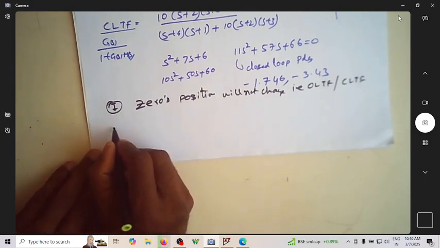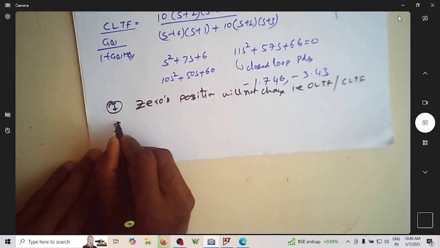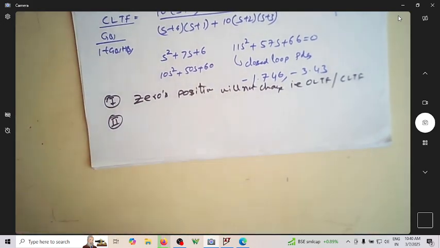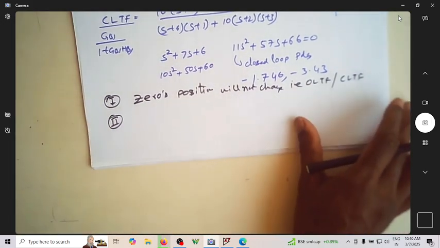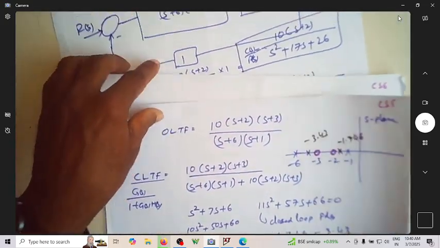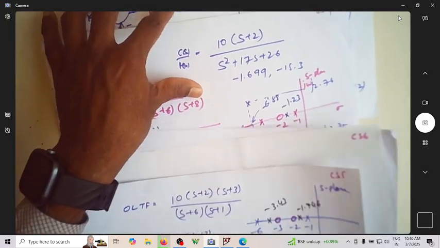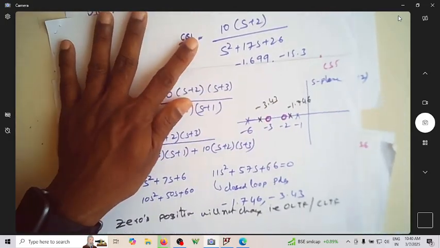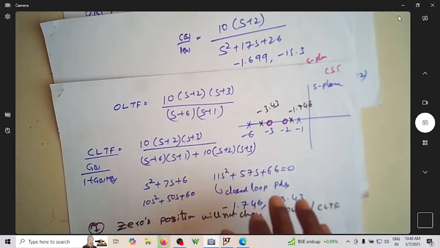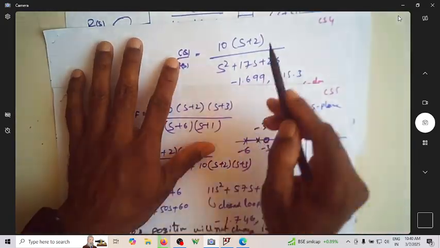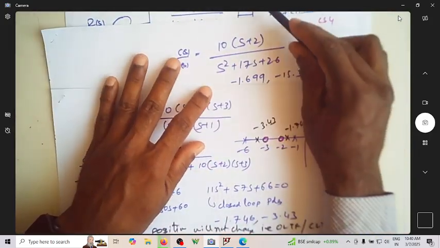What is the second observation? The second observation is that you can just carefully note one important thing. What you are trying to see here is just the movement of this pole. Was this -1, -6?